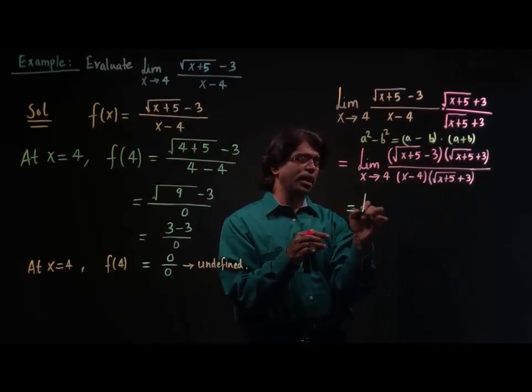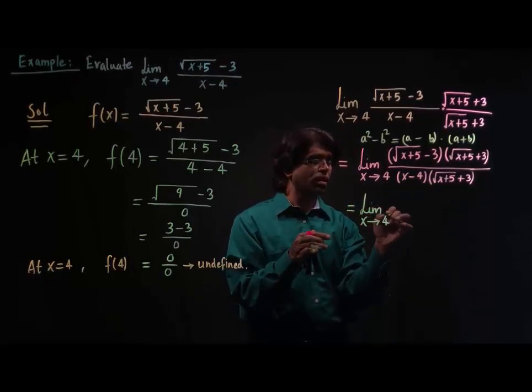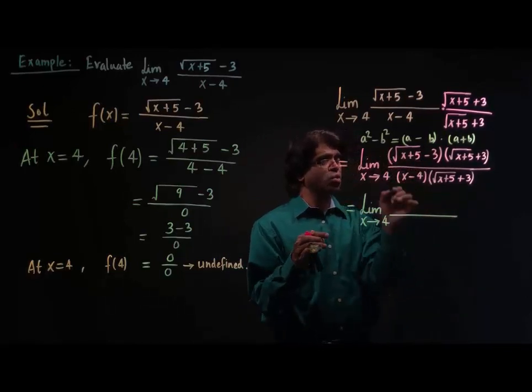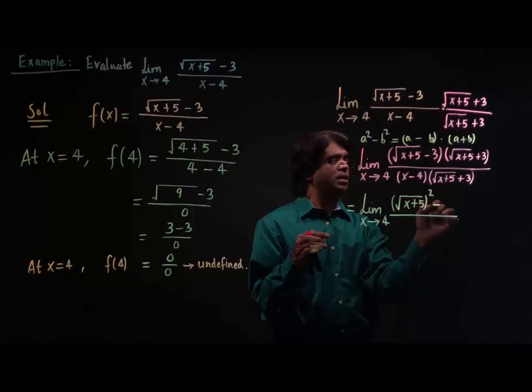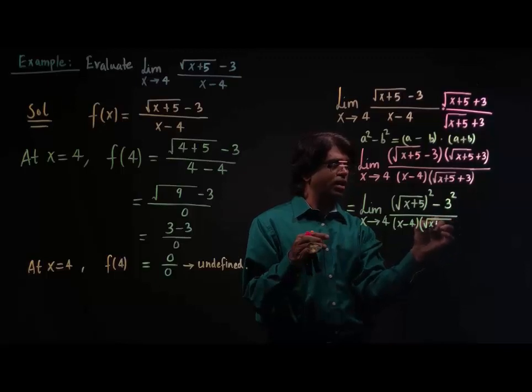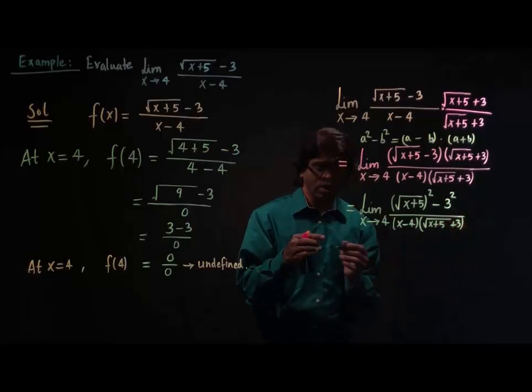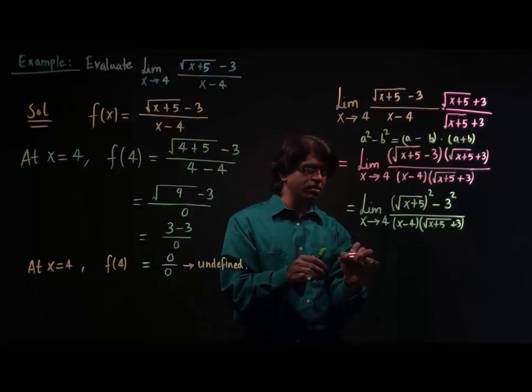So let's simplify. I will write a squared, which is the square root of x plus 5 whole squared, minus b squared, which is 3 squared, over x minus 4 times the square root of x plus 5 plus 3. If I square the square root, I get the term itself.